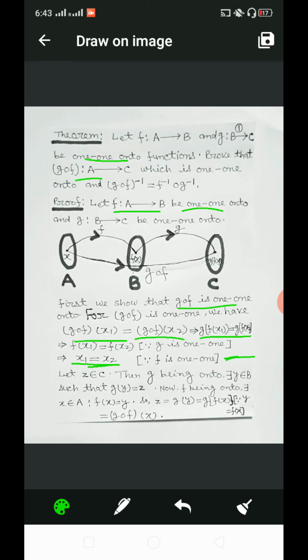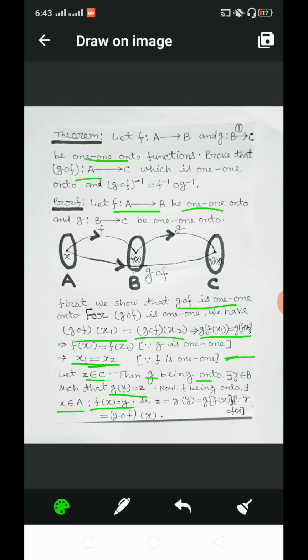Let another element z belong to the set C. Then g being onto, there exists y belonging to set B such that g(y) equal to z. Now f being onto, there exists x belonging to A such that f(x) is equal to y.